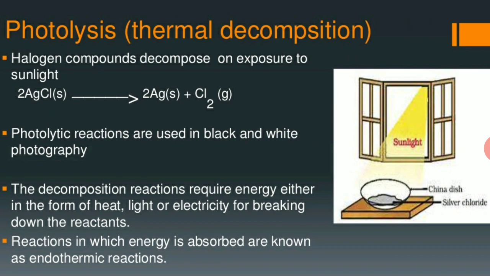Another example of decomposition reaction, photolysis, that is light decomposition reaction. Some reactions happen when they absorb light energy, especially silver chloride. Silver chloride splits into silver and chlorine on exposure to sunlight. So this is an example of light decomposition, not thermal decomposition.